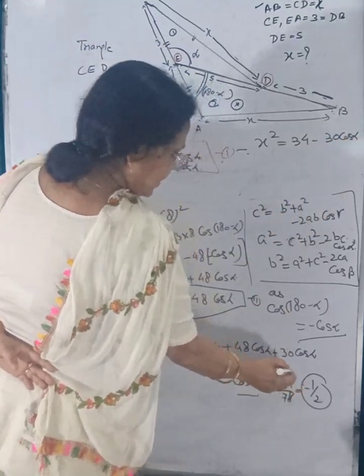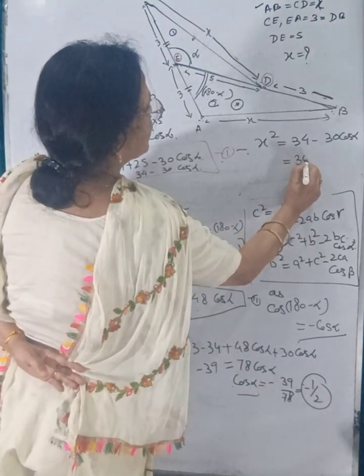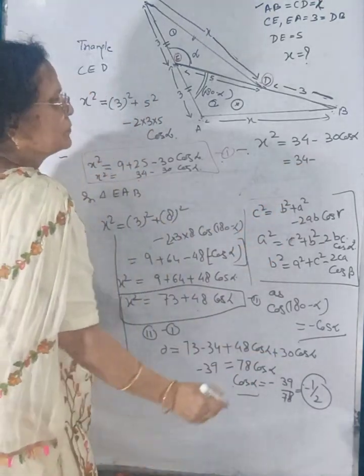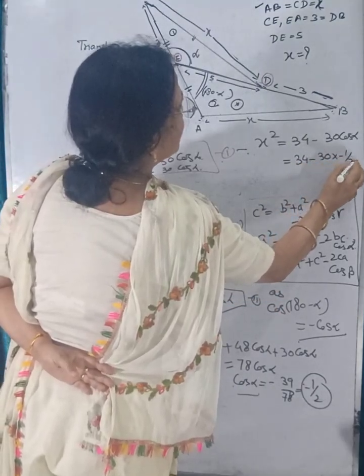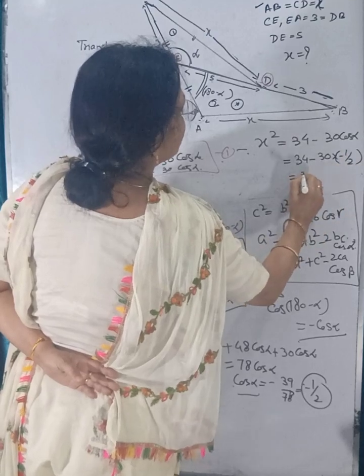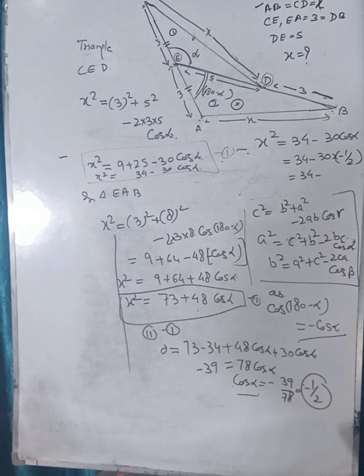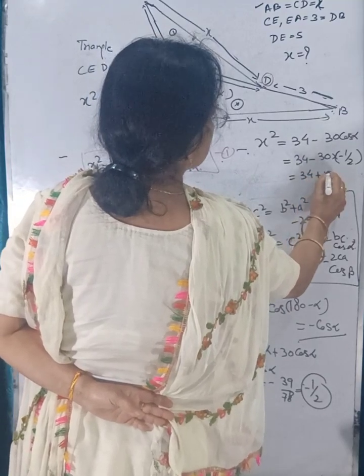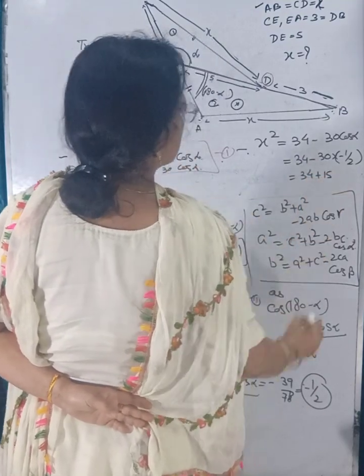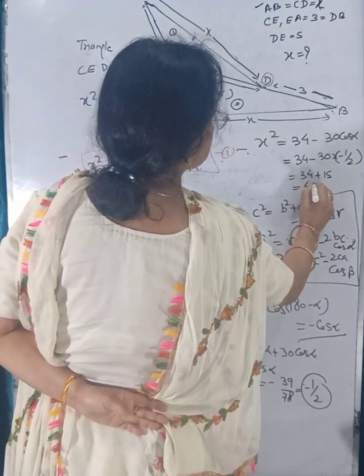Putting cos of alpha as minus 1 by 2, this is 34 minus 30 into minus 1 by 2, that is 34 plus 15, that is 49.